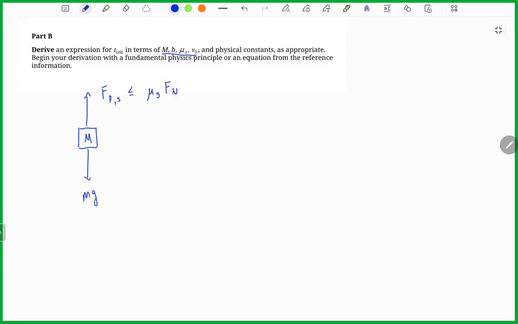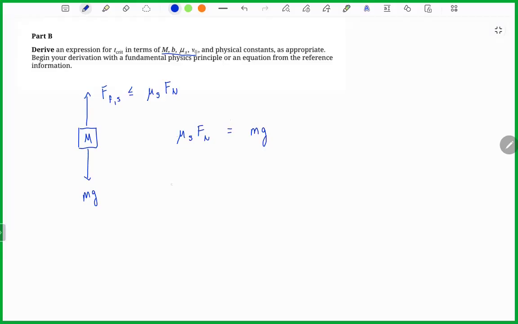And so all we need to state is that at the point at which we are about to start falling, static friction is completely maxed out. Saturating the inequality, it is equal to mu s Fn. So we'll set mu s Fn equal to mg.